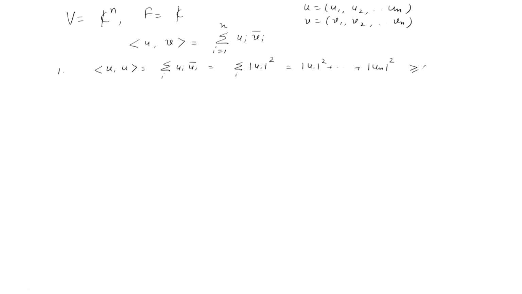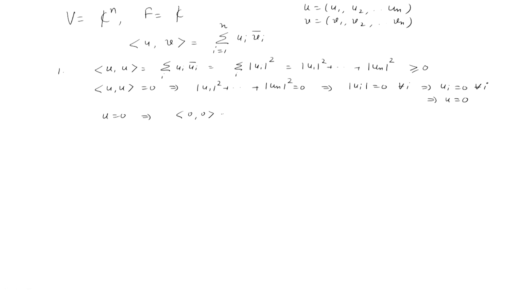So, this is always greater than or equal to 0 for all U. Now, if this is equal to 0, this implies mod of U1 squared plus and so on up to mod of Un squared is equal to 0, and this implies mod of Ui is equal to 0 for all i, and this implies Ui equals 0 for all i, and that means U equals 0. Now, if U equals 0, of course, the inner product of 0 comma 0 is 0.